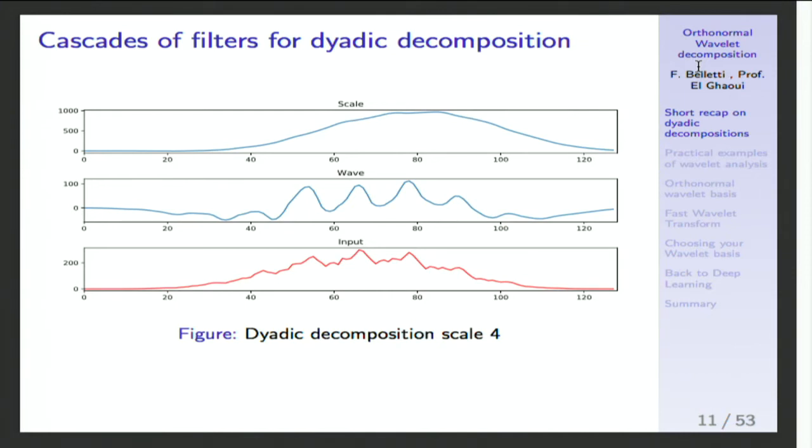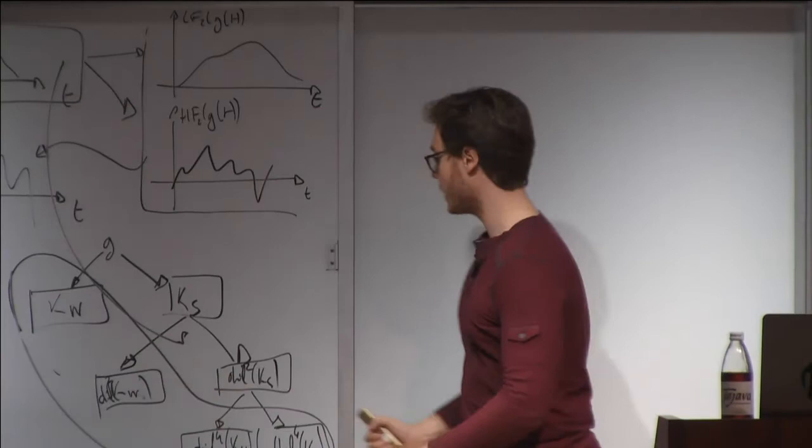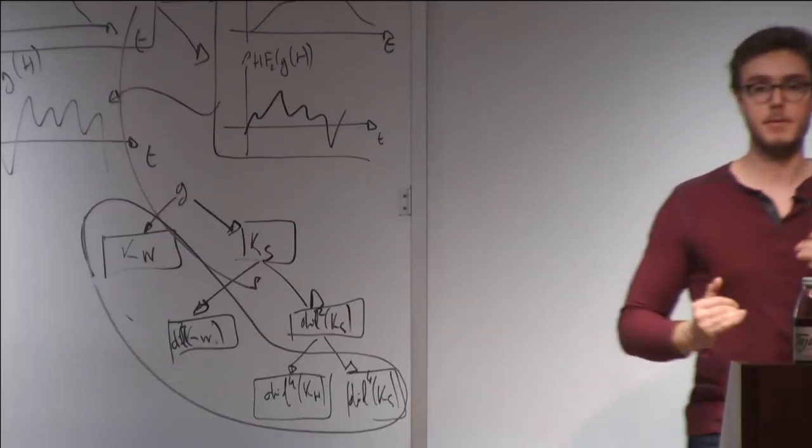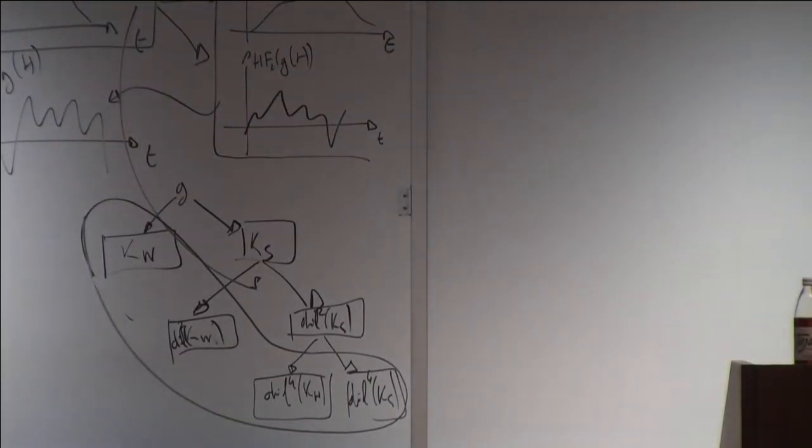Okay. Now, what's kind of great with this decomposition and elegant is that I can take each of these elements and start recombining them following the very reverse of these convolution filters.